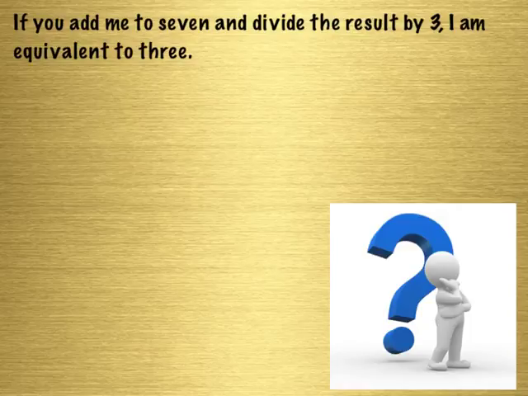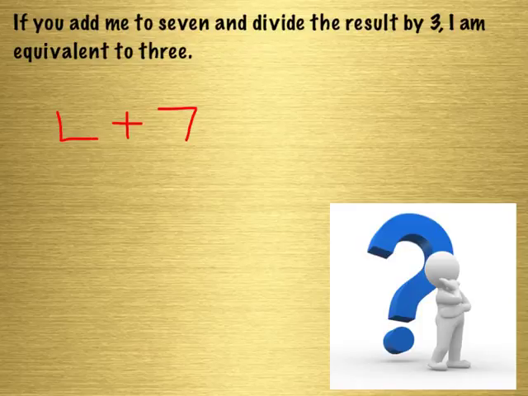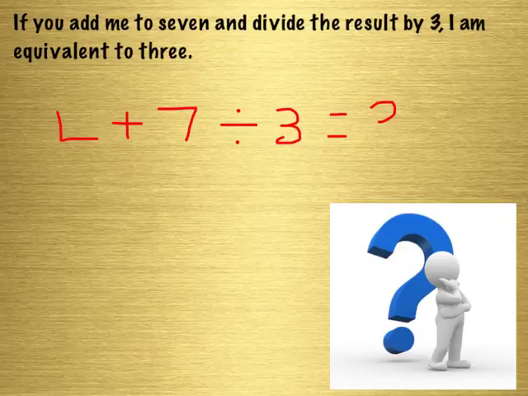So here's another one. If you add me to 7 and divide the result by 3, I am equivalent to 3. So I'll use L to represent my number, add it to 7, and divide by 3, and it will equal 3.